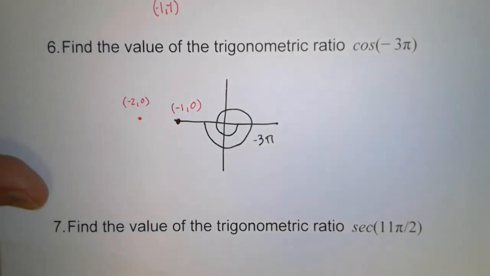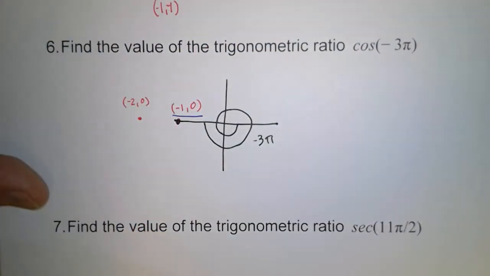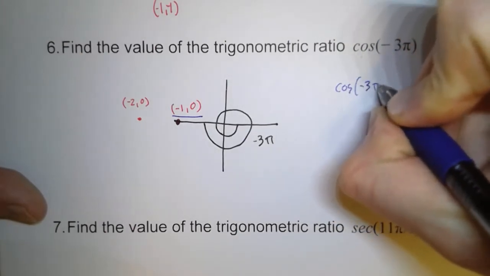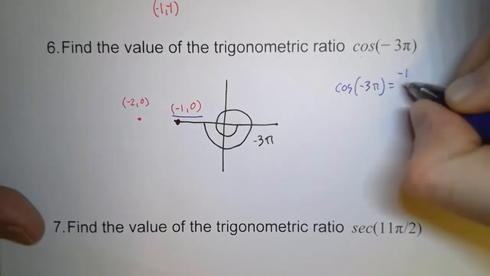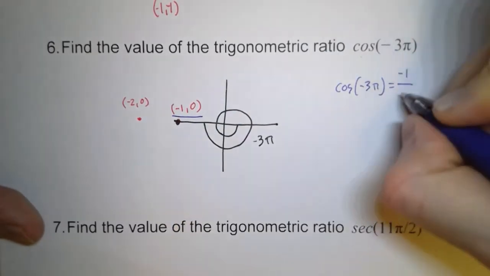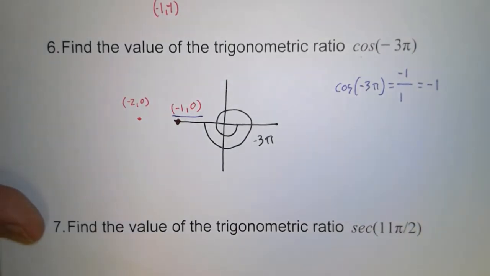Let me explain. Let's say we chose this one, -1, 0. If we wanted cosine of that, we would ask, all right, what's the x value? -1. And then what's the distance between this point and the origin? Well, it's a distance of 1. So we would get -1 for an answer.